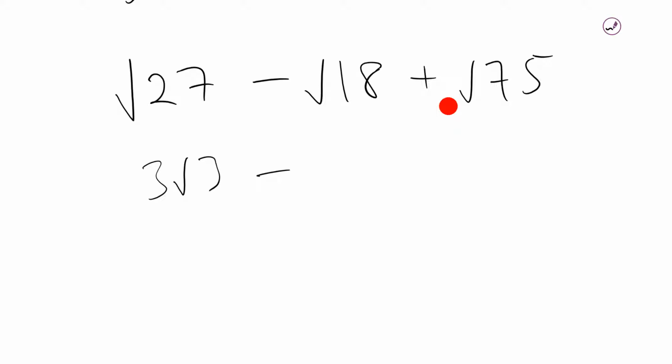Oh yeah, I messed up already. I didn't think it through. I should have done that. I think that's alright now. Yeah, it's alright now. So 2 square root 3. Yep.